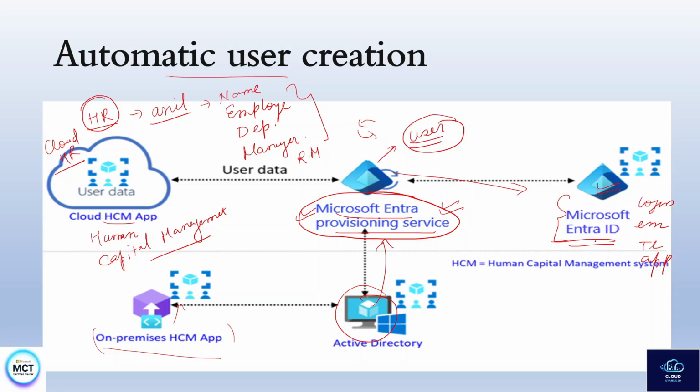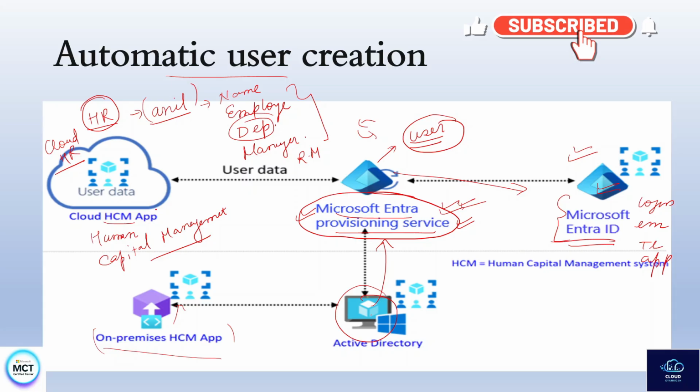So the main idea is this provisioning service keeps all the systems synchronized. So if, for example, I change the department of Anil, Entra will also get updated because of the regular synchronization by the Microsoft Entra provisioning service over the HCM application. Right.